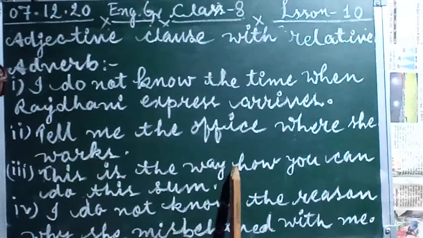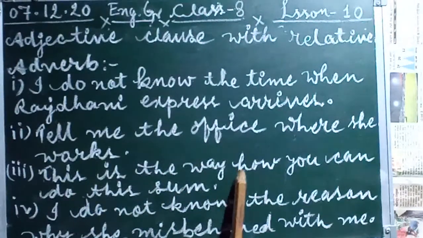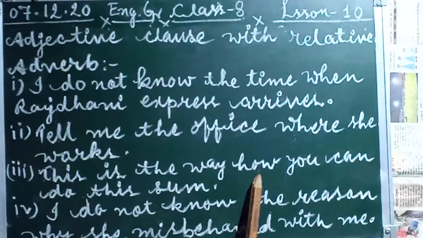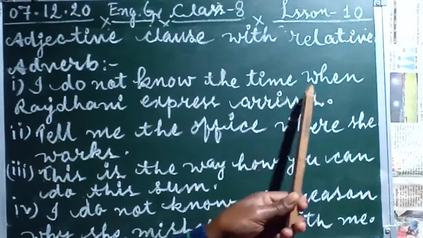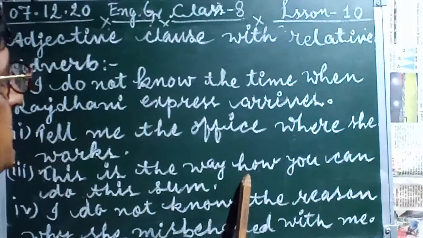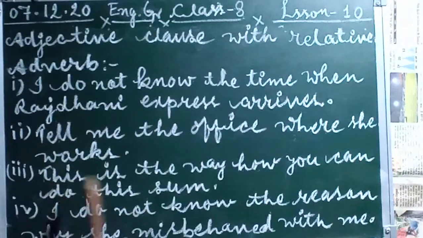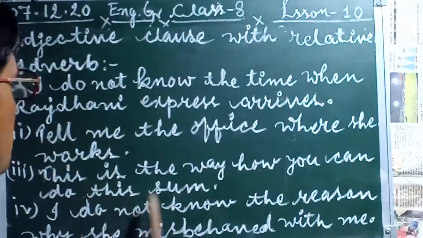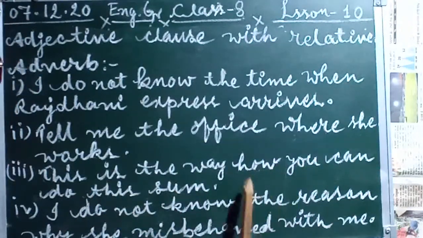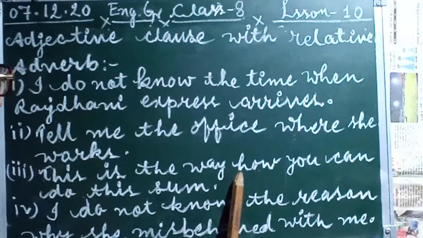And when we add how with it, how means the method, how an action is done, where an action is done, and when an action is done. Already I have told you this is the main thing for the adverbs, and this relative adverb is expressing that this is the way how you can do this sum. So this is also an adjective clause here.